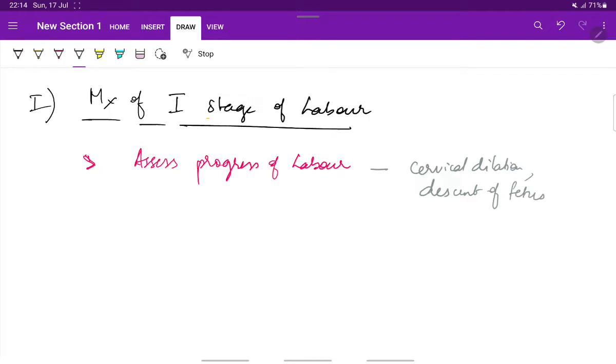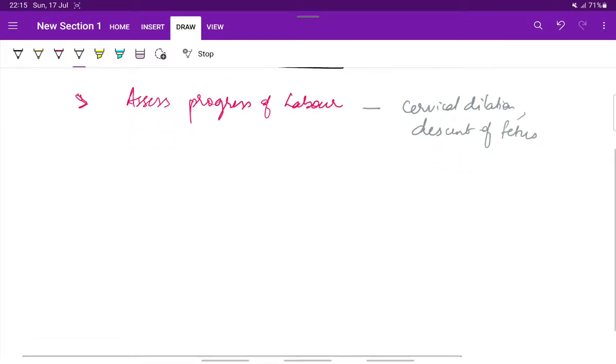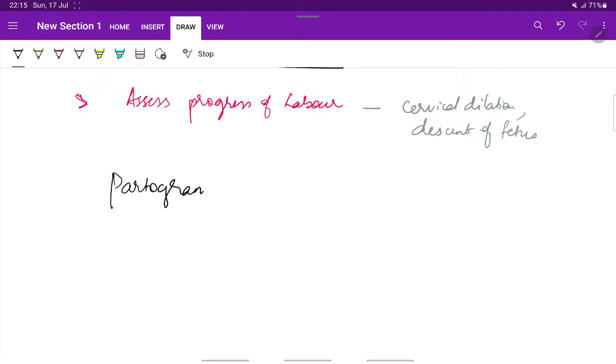These two are the best parameters to decide the progress of labor. So during the first and second stage, the course of labor is monitored by plotting a partogram, which we start to plot from the active stage.